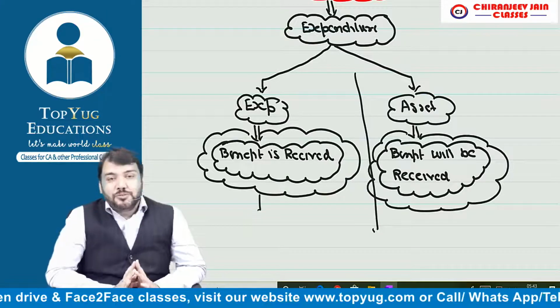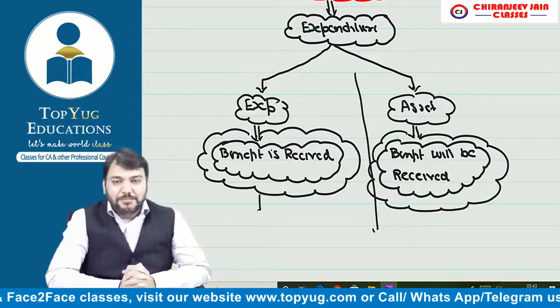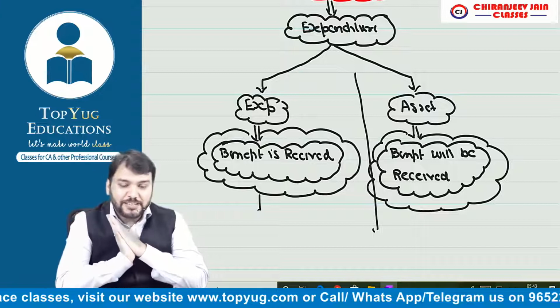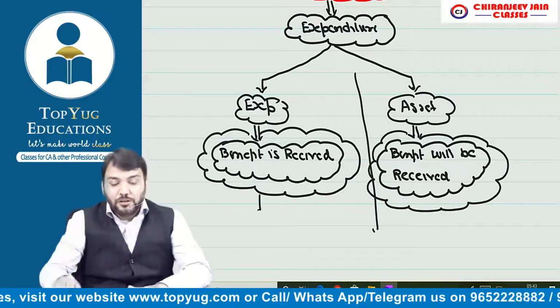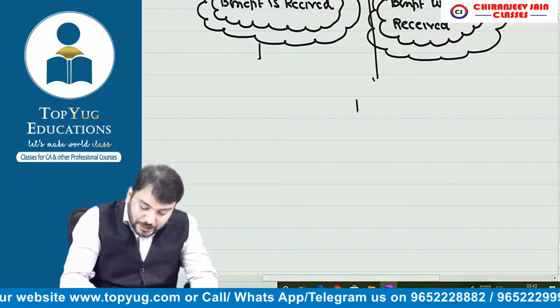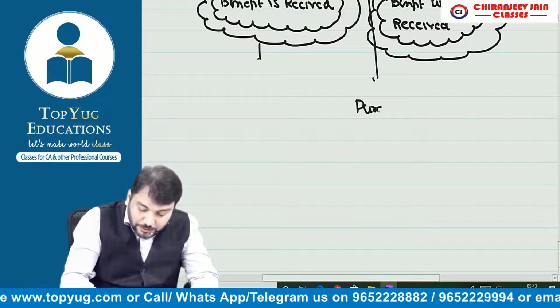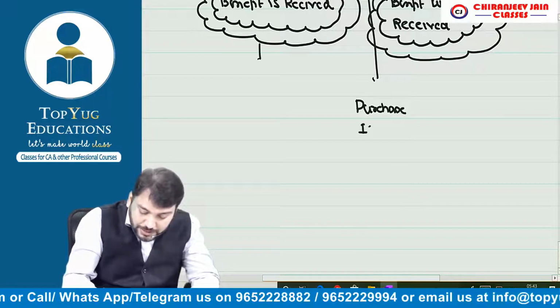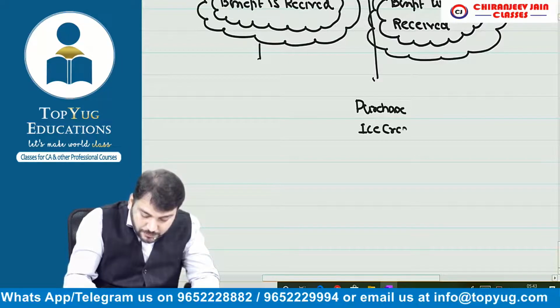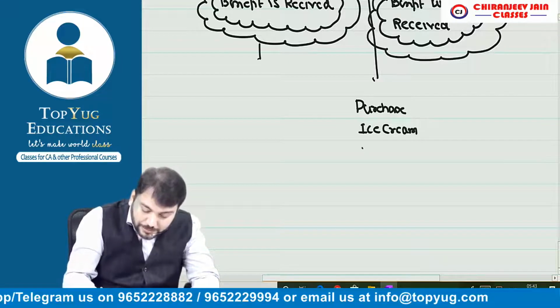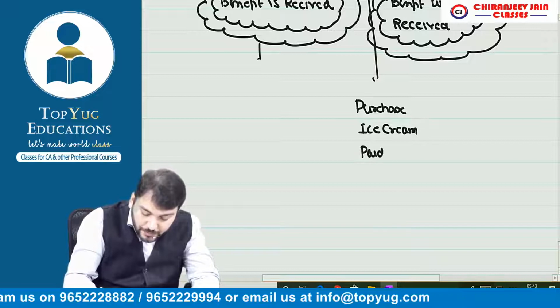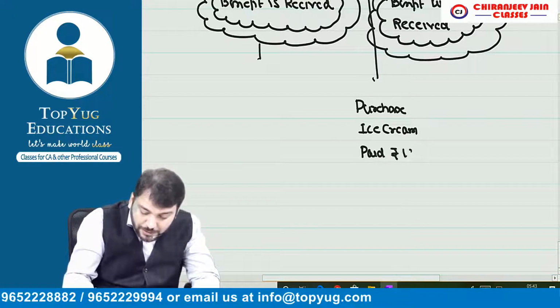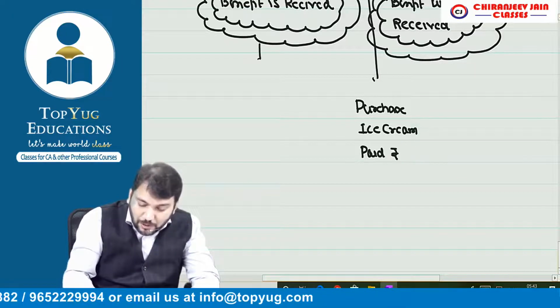ठीक है. Can I say you always purchase ice cream? Now, I'm just giving you two situations. You purchase ice cream and you paid rupees, what? 10. बहुत कम हो गया.